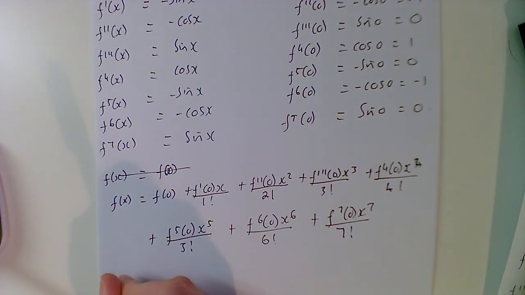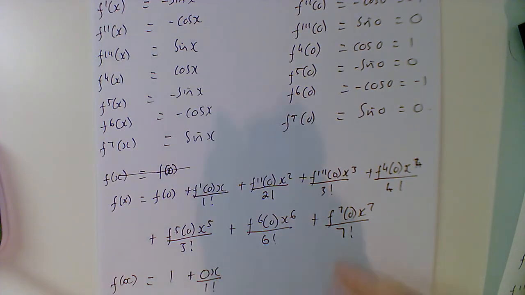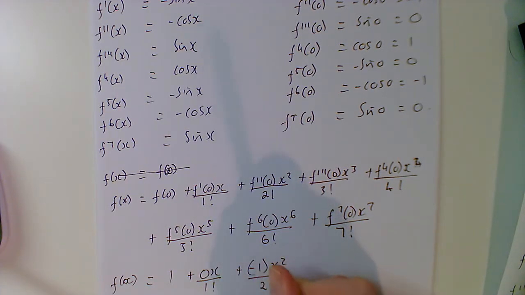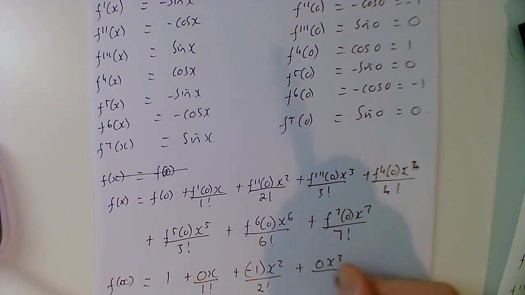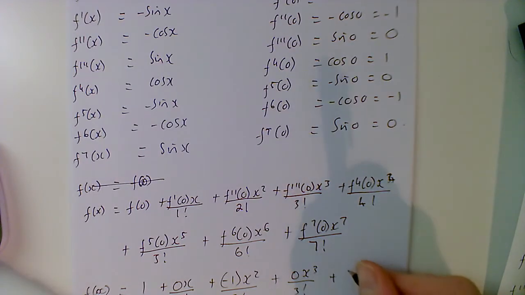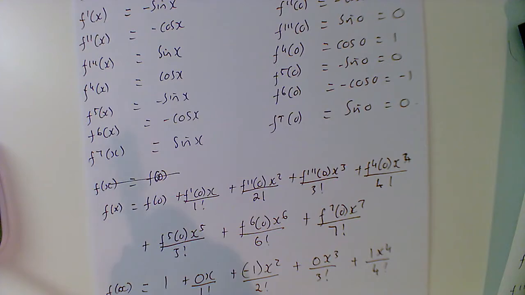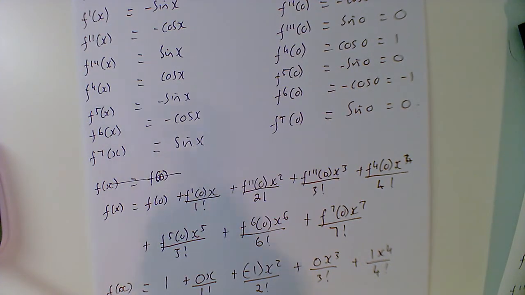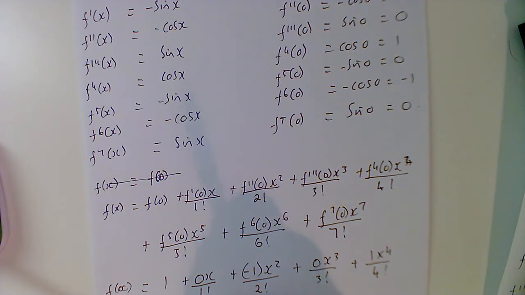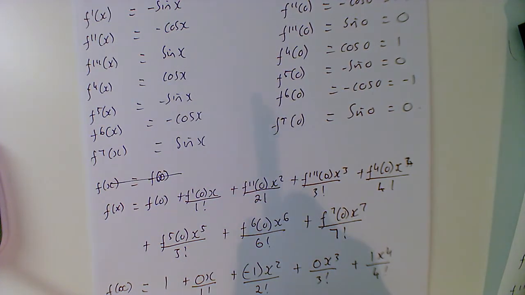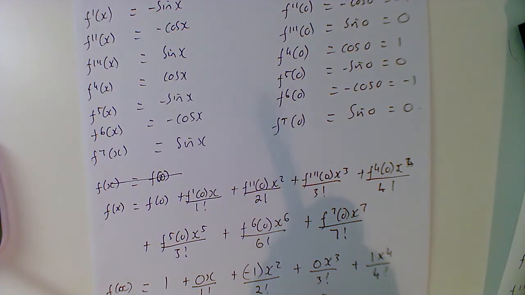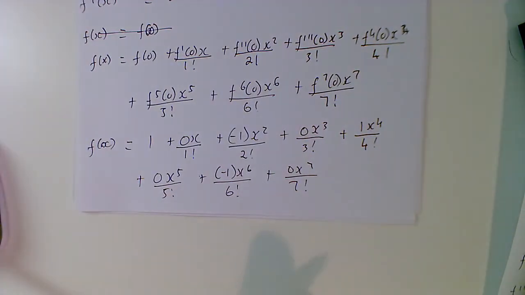Right, so that is f of x is 1 plus 0x over 1 factorial plus negative 1 x squared over 2 factorial plus 0x cubed over 3 factorial plus 1 x to the power of 4 over 4 factorial plus 0 x to the power of 5 over 5 factorial plus negative 1 x to the power of 6 over 6 factorial plus 0 x to the power of 7 over 7 factorial. So just substitute those all in.